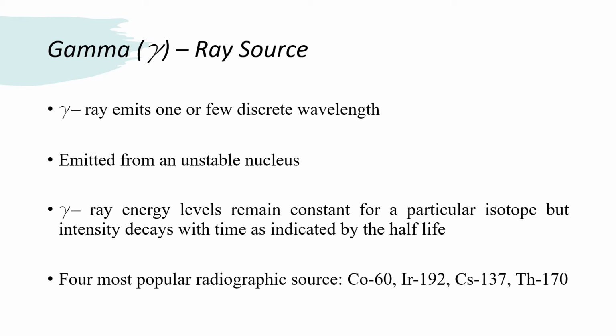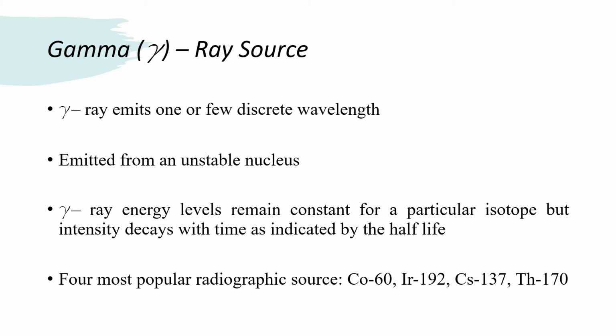Radiography with gamma ray has the advantage of simplicity of the apparatus used, compactness of the radiation source and independence from outside power. This facilitates the examination of pipes, pressure vessels and other assemblies in which access to the interior is difficult.